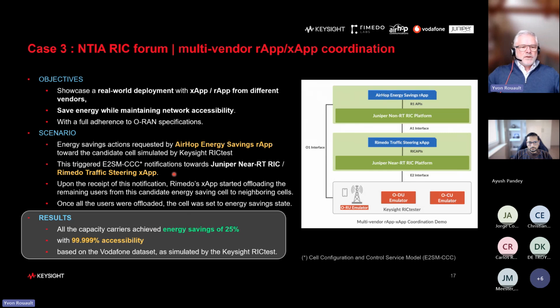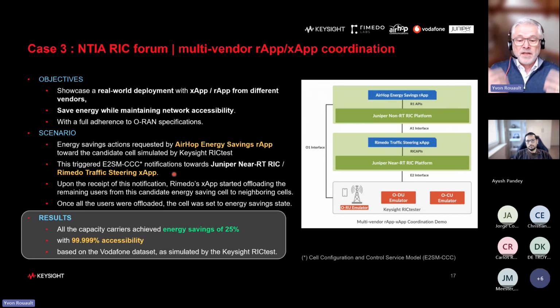The idea was to make those apps work together to monitor the traffic demand, the usage demand from the UEs, and if the demand goes below a certain threshold, to offload the network by shutting down some RUs. Of course, if you shut down the RU, you consume less at the RU level, and the RU again is where you consume a lot.